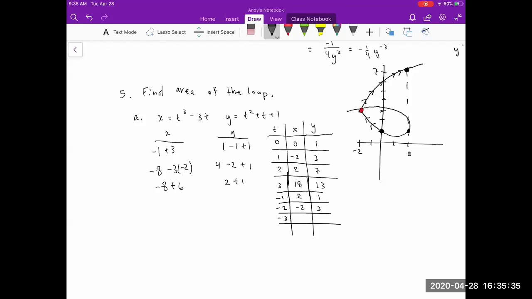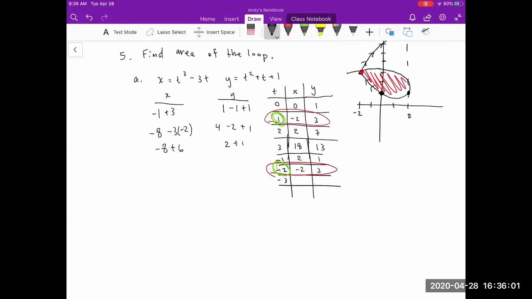I don't know how much justice I'm doing it, but this is the region we're trying to find. And we actually know our bounds because these points are the same. They both have the same x and y coordinates. So that means t equals 1 and t equals -2 will be our bounds of integration.